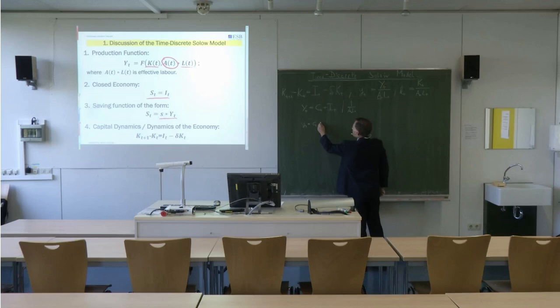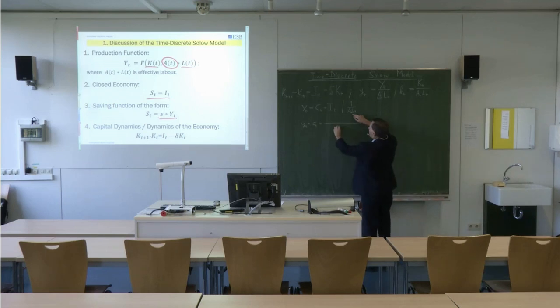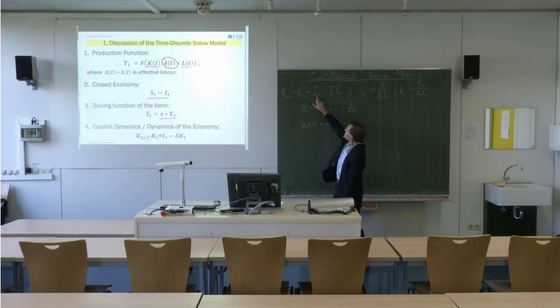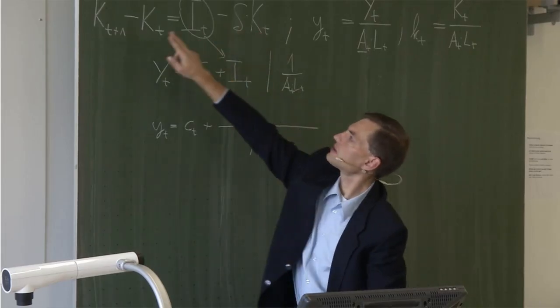And then for the investment, I do it a little slightly different. First of all, I also have here A times L_T in the denominator. But for investment, I use now condition 4. You see, here we have investment, and I bring this part on the other side, and then I substitute in here this equation. So what do I have if this is on the other side?